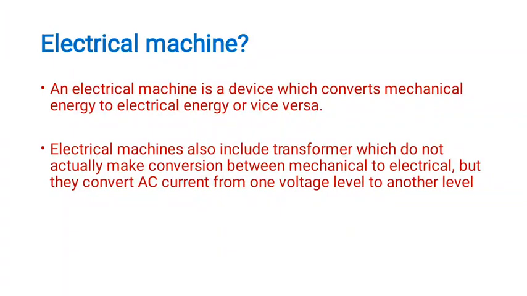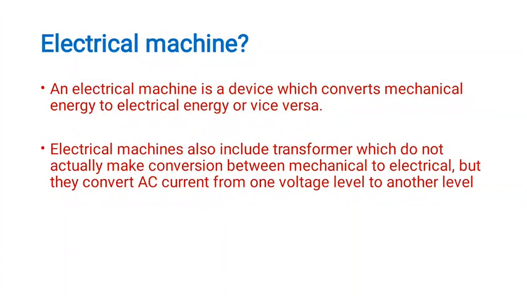When it converts electrical energy to mechanical energy, it is named as motor. So if the source is DC, then it is a DC generator. If the source is AC, then it is an AC generator. It's vice versa for the motor.